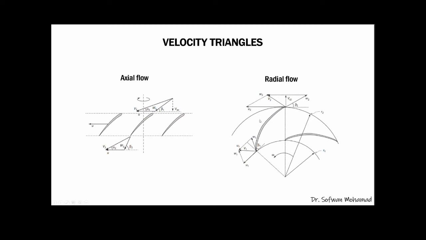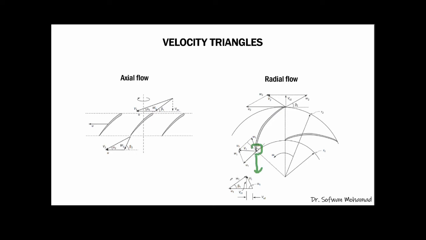For radial flow velocity triangles, it might be a little bit different, but you can look into this. This is the zoomed in, redrawn velocity triangle at the inlet.